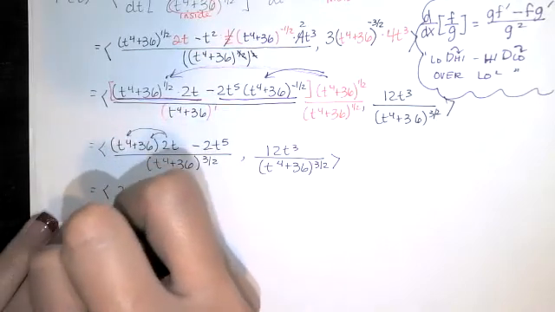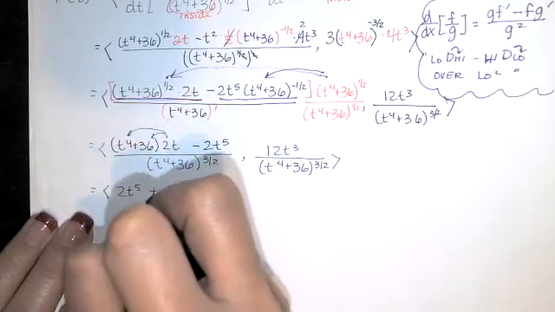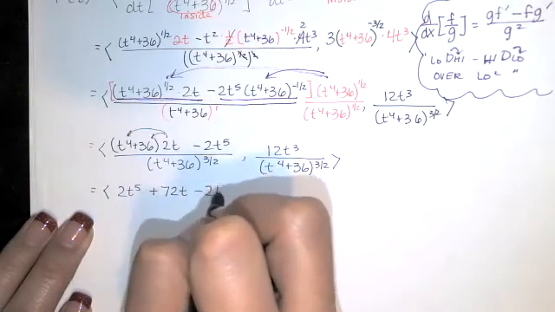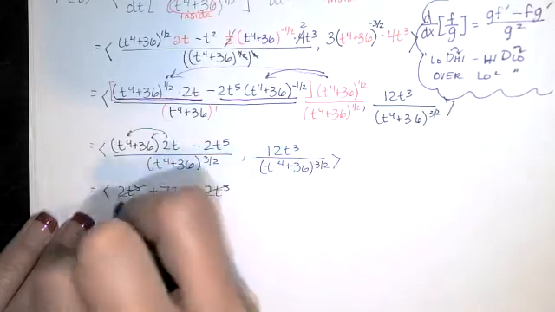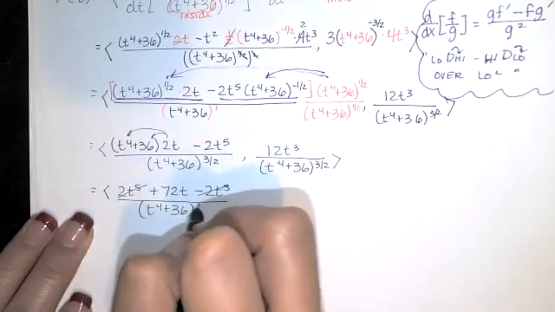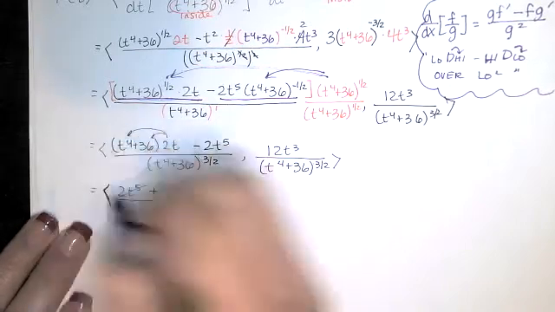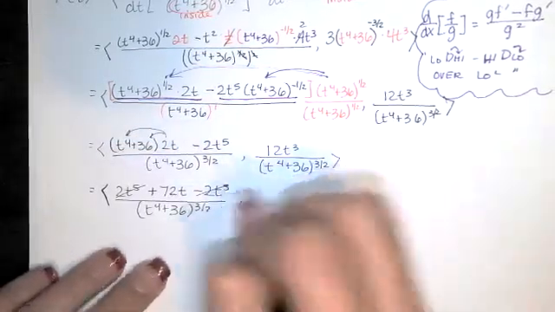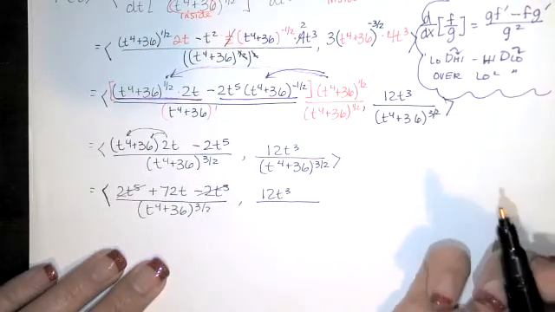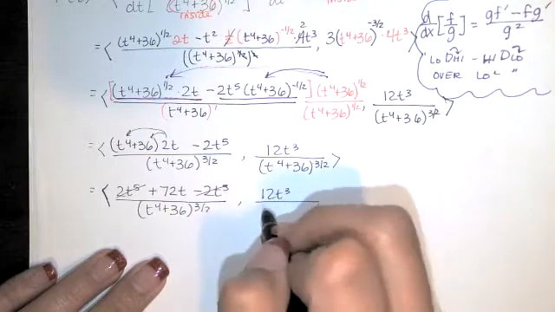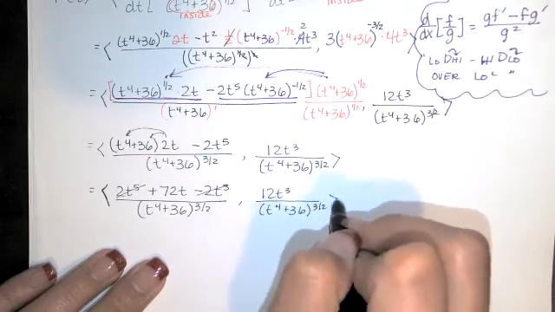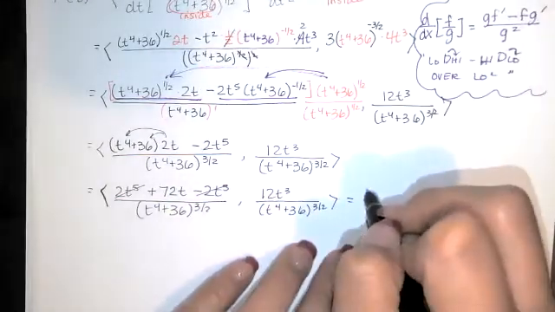We'll have 2t to the fifth minus, or plus, excuse me, 72t minus 2t to the fifth. Those will reduce, all divided by t to the fourth plus 36 raised to the 3/2. That is the x component of t hat prime. And the y component is 12t cubed over this expression. And so we get this.